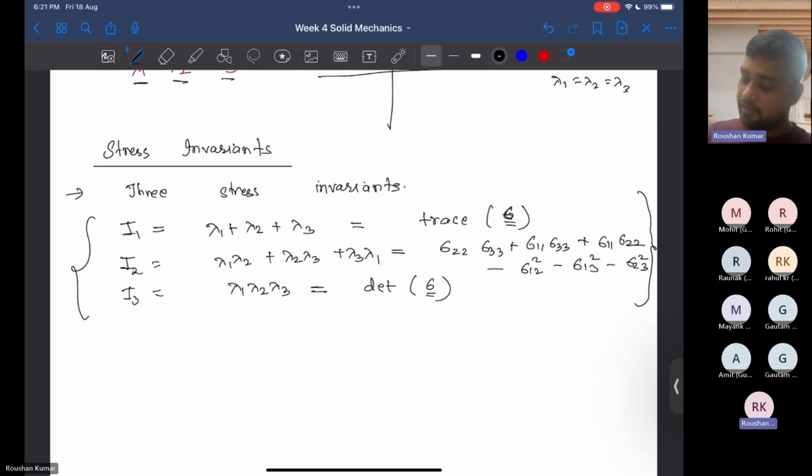The next definition is the octahedral stress components.